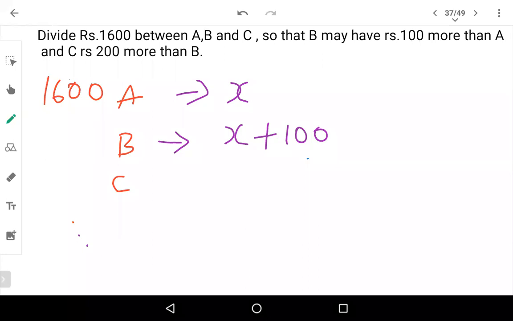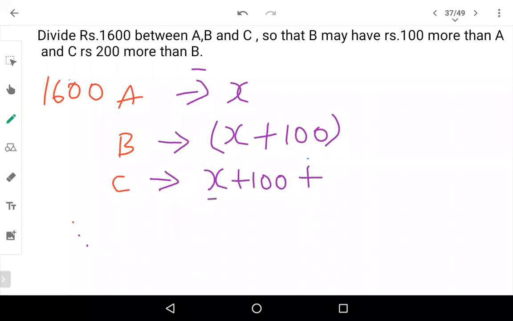Next, let us read this. And C rupees 200 more than B. So, C is going to have 200 rupees more than B. Read the question carefully. So, what is the amount of B? X plus 100. This is the amount of B, right?